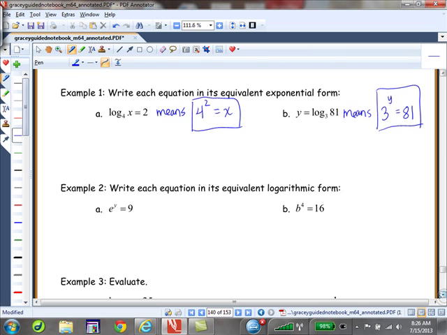Next up, write each equation in its equivalent logarithmic form. So this one means, help me out here. Good, I've got to write log. My base is e. And I know that a logarithm is an exponent, so after the equal sign I'm going to put y, and what's left? Awesome, 9.